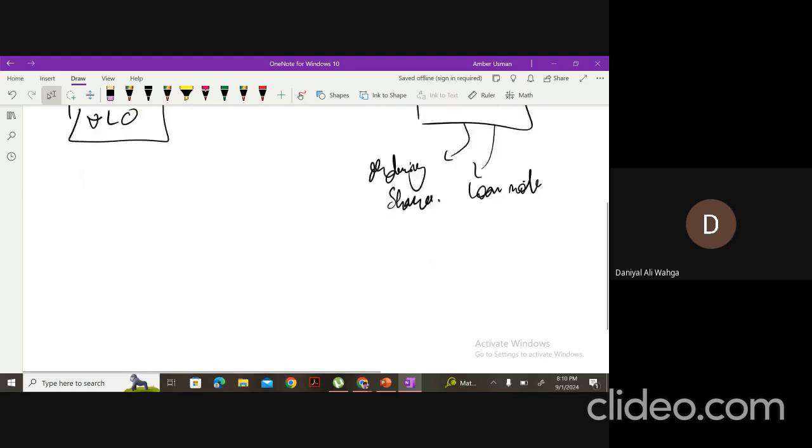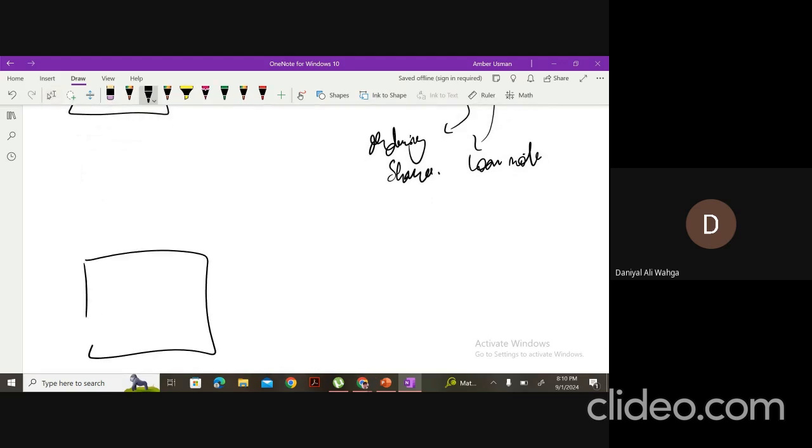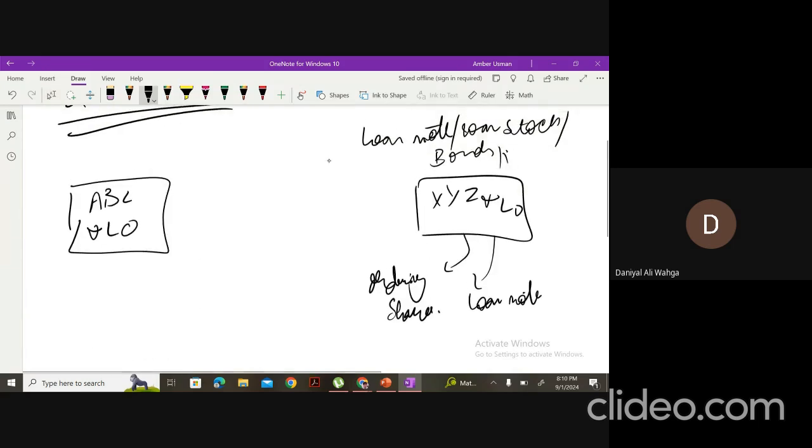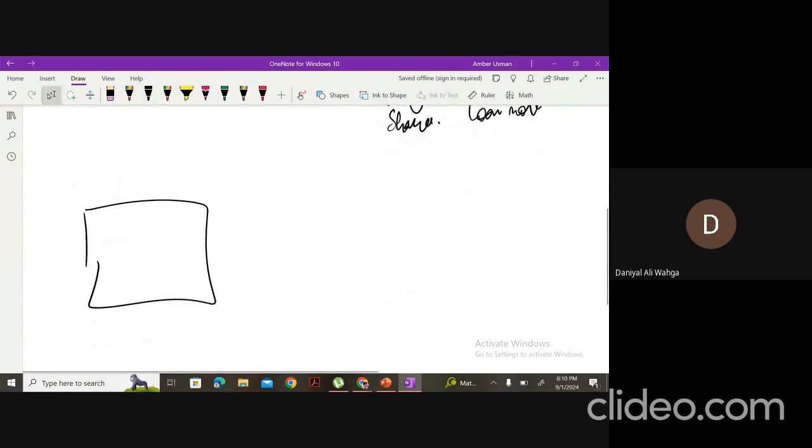When we are talking about the loan notes, so what is a loan note, or a bond, or a loan stock? In some terminologies in Indian and Pakistani books, it is also known as debentures. So what is it? It is basically again a contract.